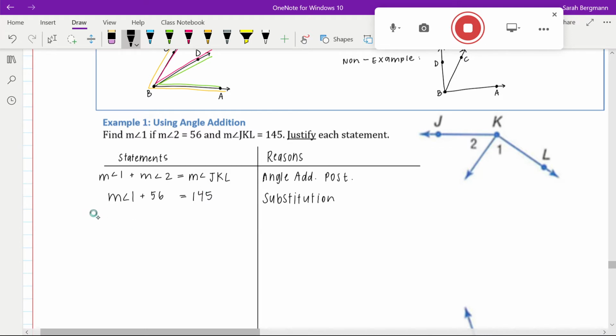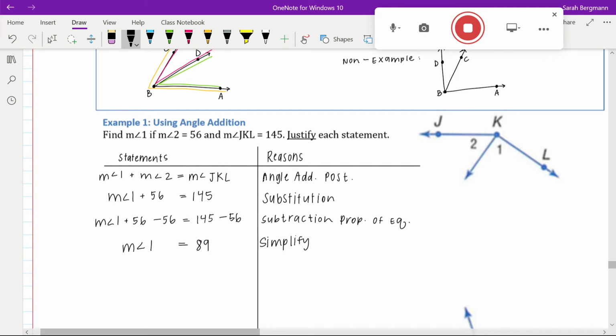Now, in order to solve this equation, I know I must subtract 56 on both sides. Remember, you have to show your work. This is called the subtraction property of equality. Now I can simplify to get the measure of angle 1 equals 89.